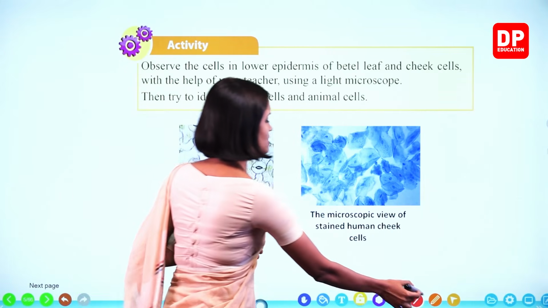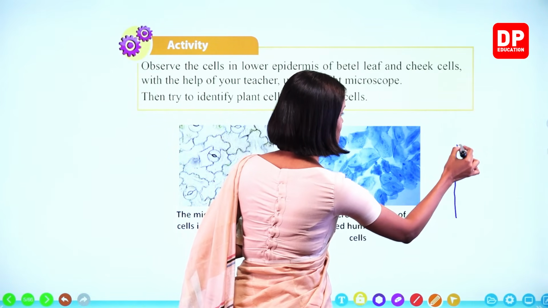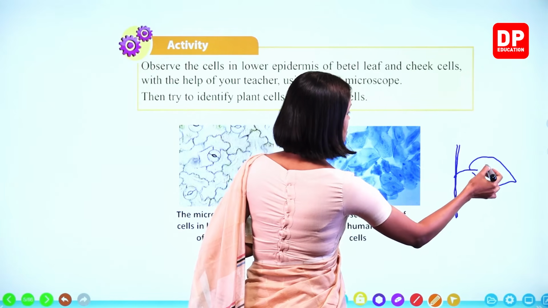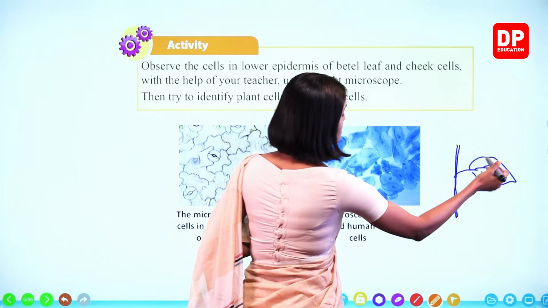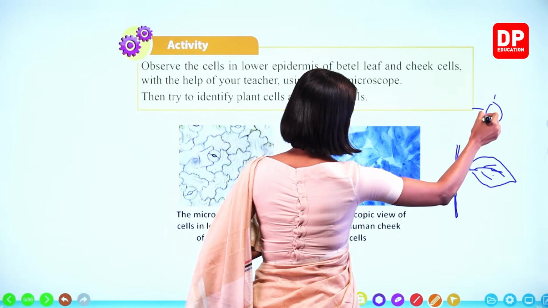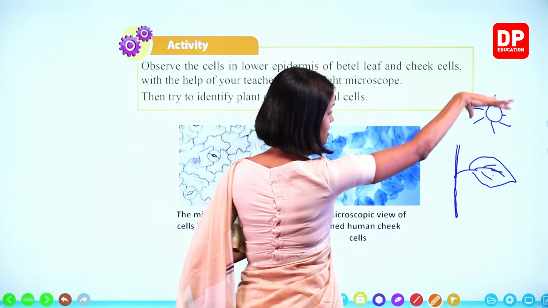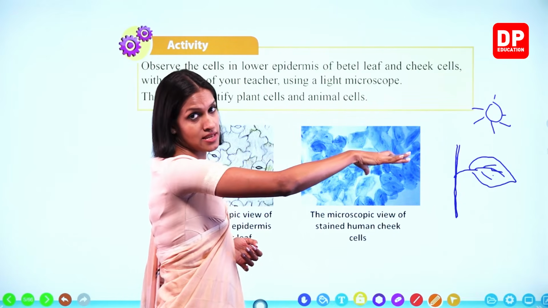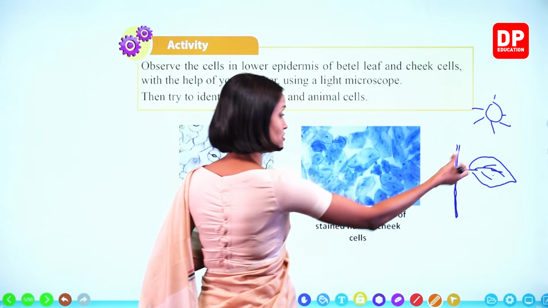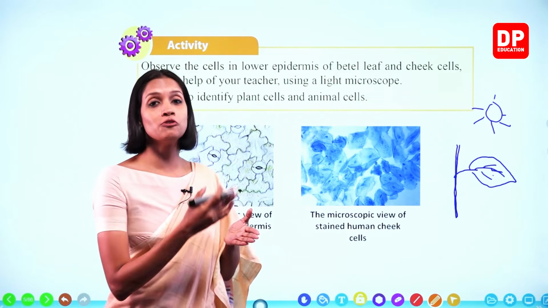So when you consider the plant, let's say if this is the plant and these are the leaves, the upper side faces the sunlight. Sunlight directly falls on the upper surface of the leaf. So this is the upper surface, and the underside of the leaf is known as the lower surface.